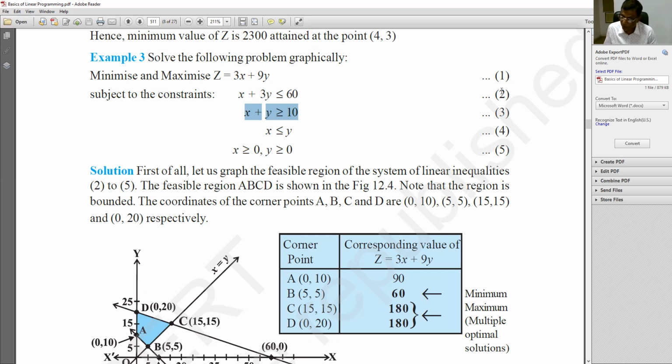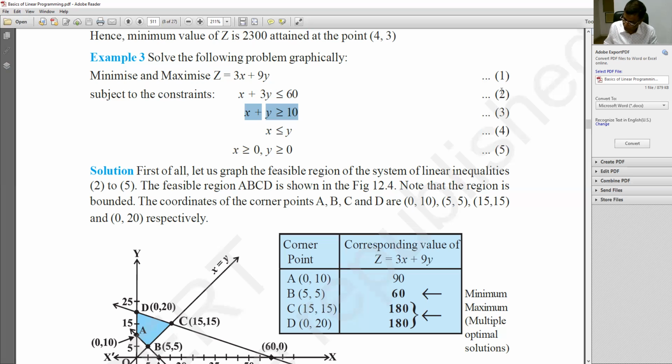This is the second point with the help of equation 1. Again we are going to solve equation 2, that is x plus y is equal to 10. From equation 2, when x is equal to 0, y is equal to 10, so the point is 0, 10.